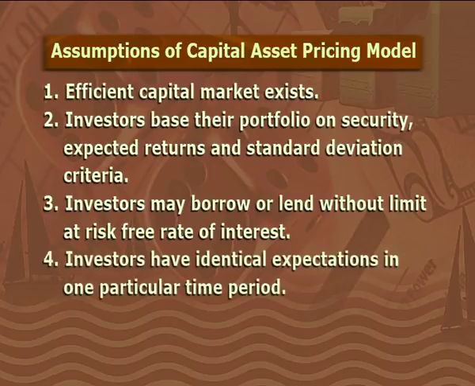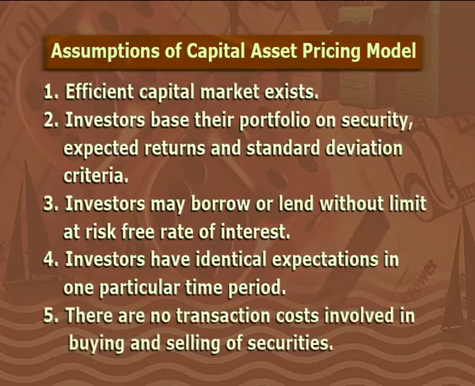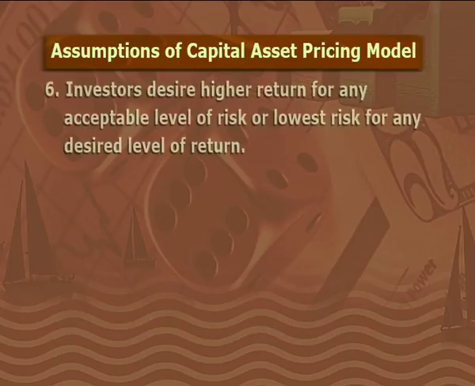Number 4, investors have identical expectations in one particular time period. Number 5, there are no transaction costs involved in buying and selling of securities. Number 6, investors desire higher return for any acceptable level of risk or lowest risk for any desired level of return.